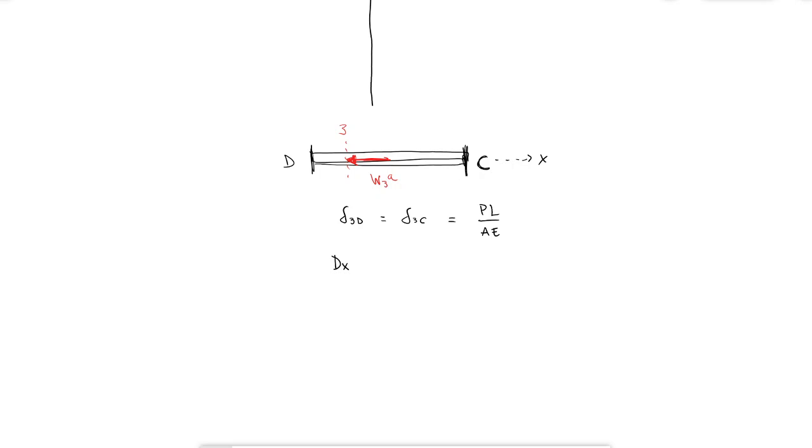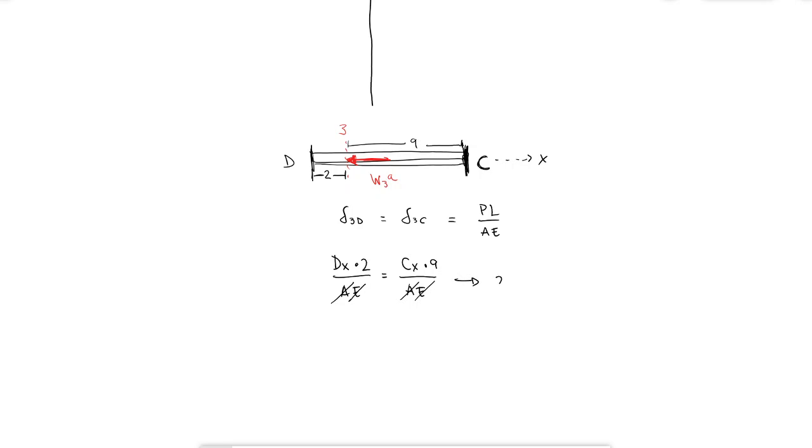So PL was this distance of 2 from here to here over AE, and it has to be equal to CX, which is the force between 3 and C in the X direction, times this distance of 9 from gear 3 to bearing C over AE. The cross-section area is the same because it's the same diameter and the same material, so I don't care what the elastic modulus is.